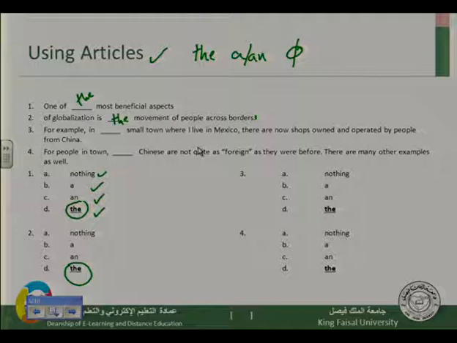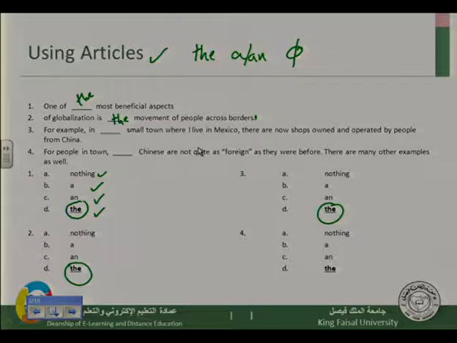For example, number 3, for example, in the small town where I live in Mexico. So it has to be the, right? Because it's a small town that this person lives in. So it's known for this person. He knows what he's talking about, so he needs to use the. You can't use a, because is it unknown? So he doesn't know where he lives?